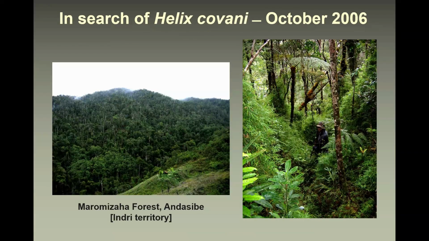Glorious territory, wonderful high altitude rainforest. It's the Maromizaha forest near Andasibe, and if you've ever been to Madagascar, you may have been to see the lemurs called Indris, and this is the kind of habitat and region in which they are to be found.